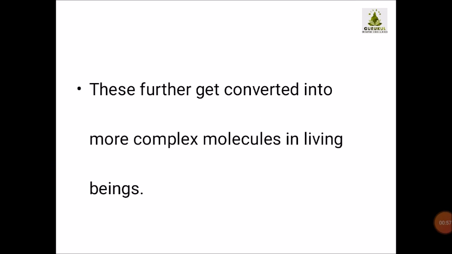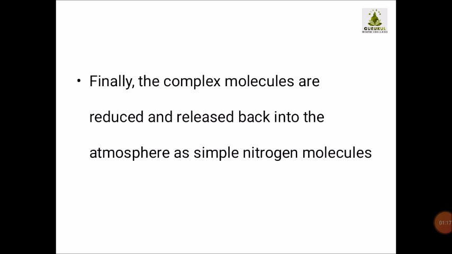Next, these further get converted into more complex molecules in living beings. From simpler molecules in soil and water, they increase in complexity, and when they come into the body of human beings or living beings, they become more and more complex.